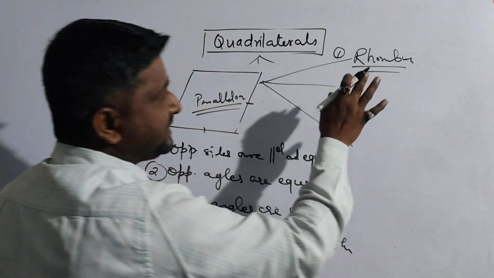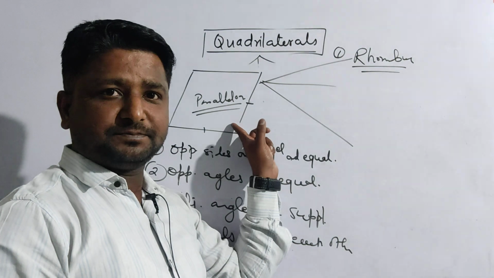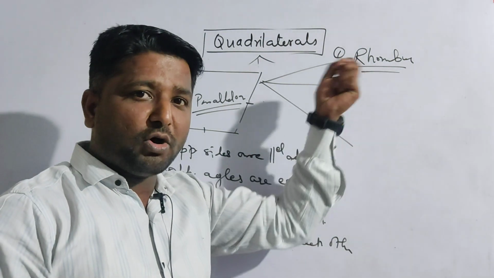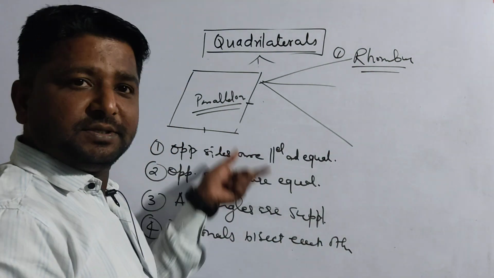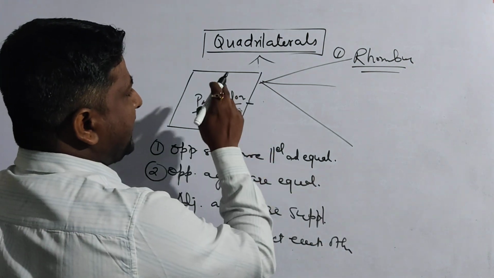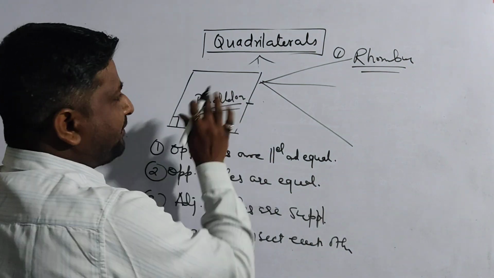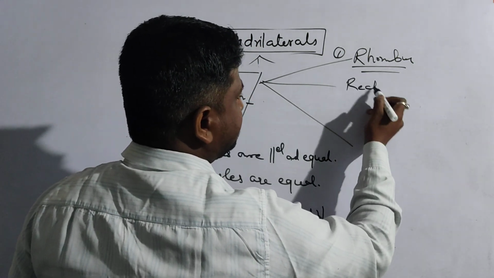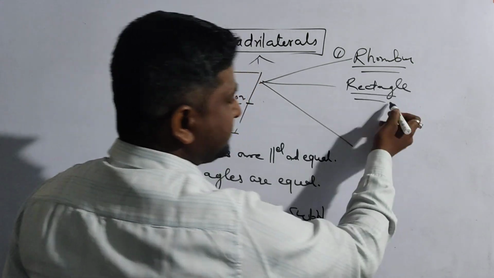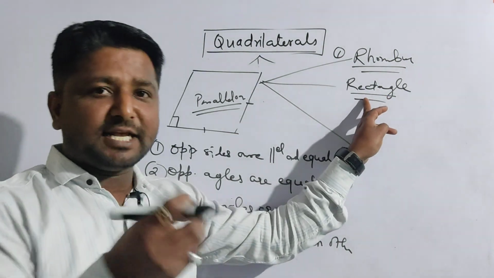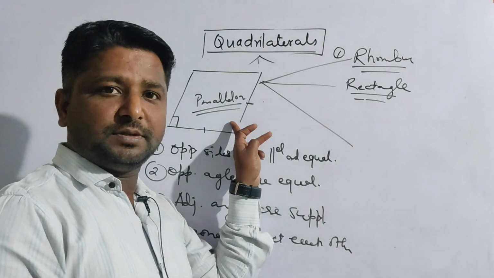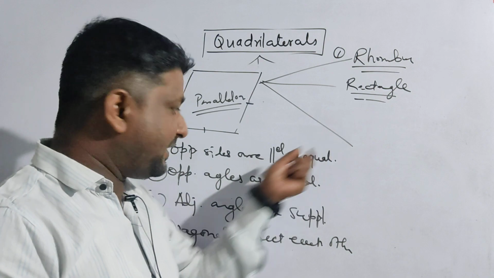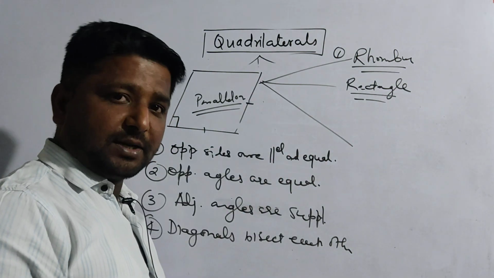So every rhombus is a parallelogram, and every rhombus is also going to satisfy the properties of the parallelogram. Next, if you make one angle of a parallelogram 90 degrees, then that parallelogram becomes a rectangle. Again, you can see that the rectangle has been obtained from the parallelogram, so a rectangle is also going to satisfy all the properties of the parallelogram.